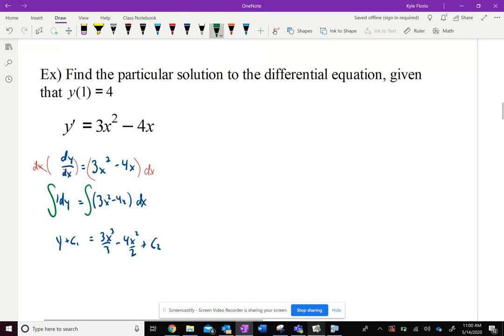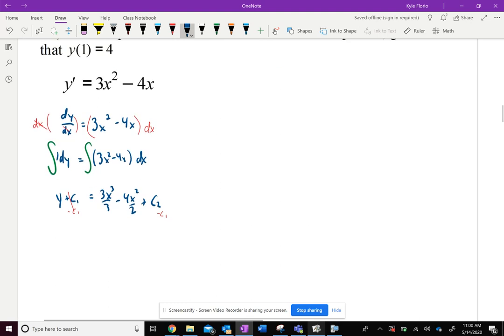I can subtract the c1 on both sides to get the constant out of that side of the equation. And what I'm going to get is, let's see, that's just x cubed, minus 2x squared. And if I take c2 and subtract c1, if I take a constant minus a constant, it's just another constant.